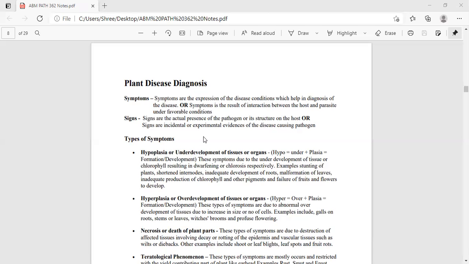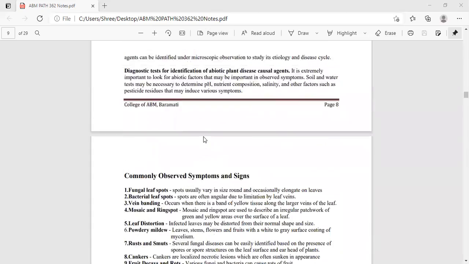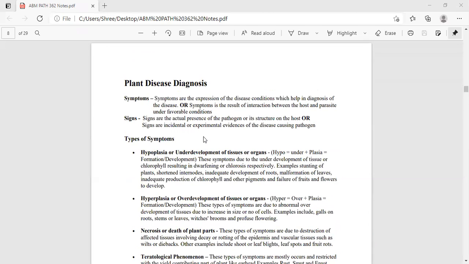Okay. Now, types of symptoms: hypoplasia, hyperplasia, necrosis, and teratological phenomena. Basically, hypoplasia: hypo means under, and plasia means formation or development. The symptoms due to the underdevelopment of the tissue or chlorophyll, resulting in dwarfing or chlorosis respectively, are known as hypoplasia.